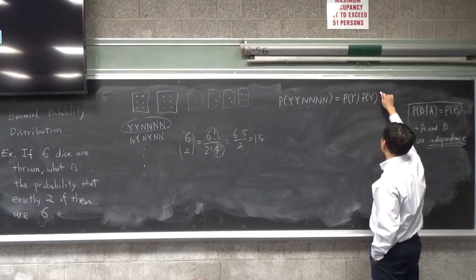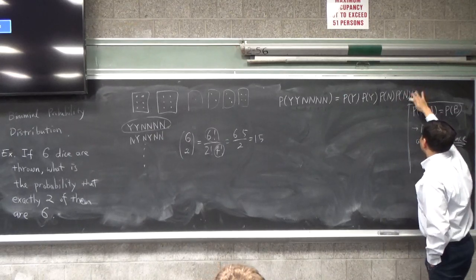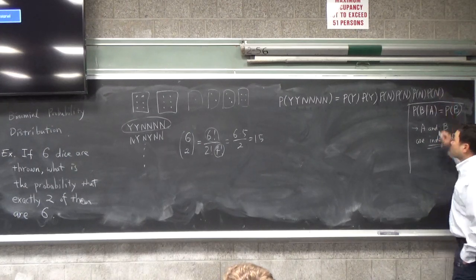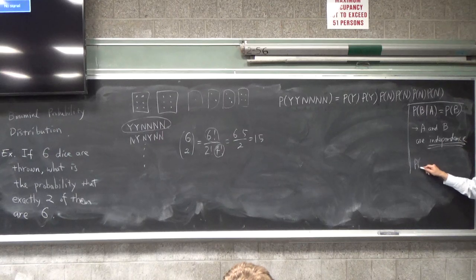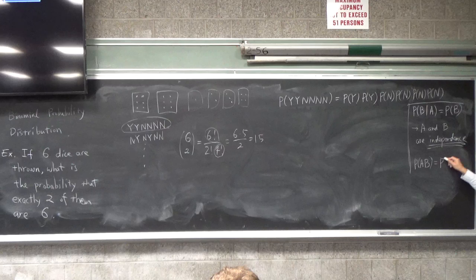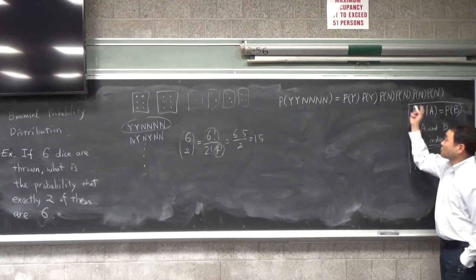So it's just this, and then the probability of no, probability of no, probability of no. So if this is true, then P(A and B) is really the same as P(A) times P(B). You no longer have to put the conditional there because they're the same thing. So the product principle just happens to be exactly just the product.